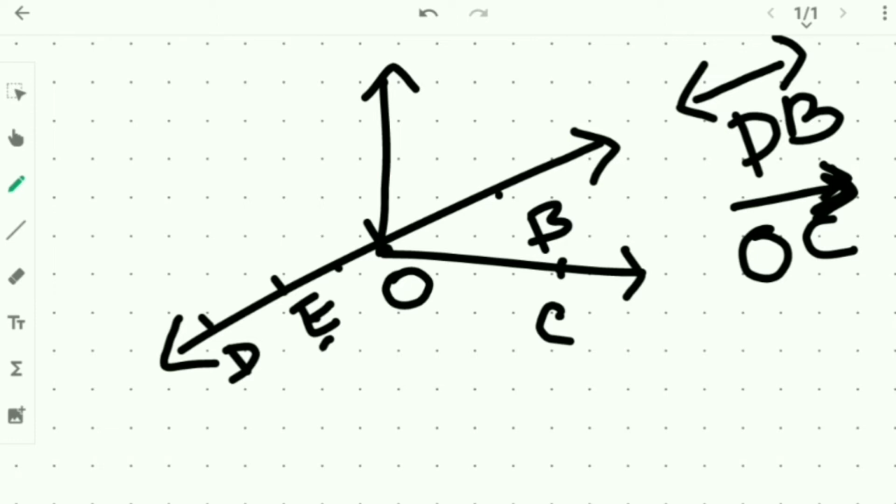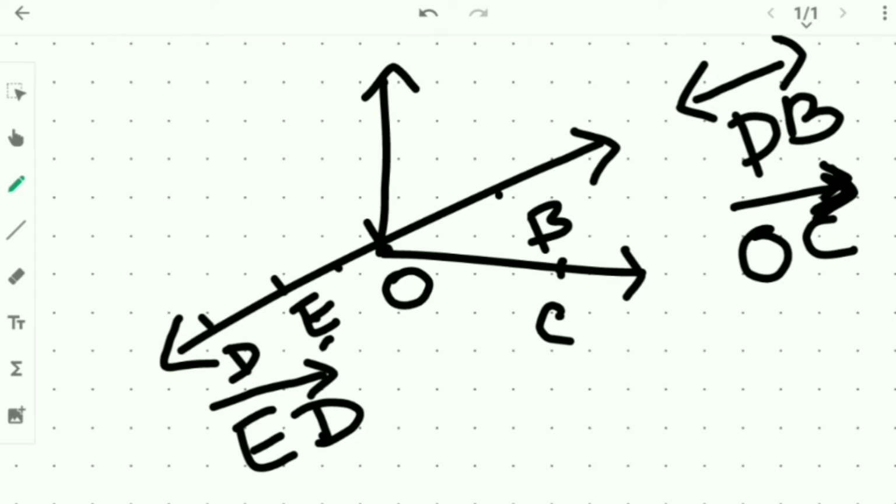Then next one is 4 rays you have to say. A ray will have a fixed point and then one never ending, endless point. So if you write it from E, E, D, okay, with one arrow at D. D goes never ending.